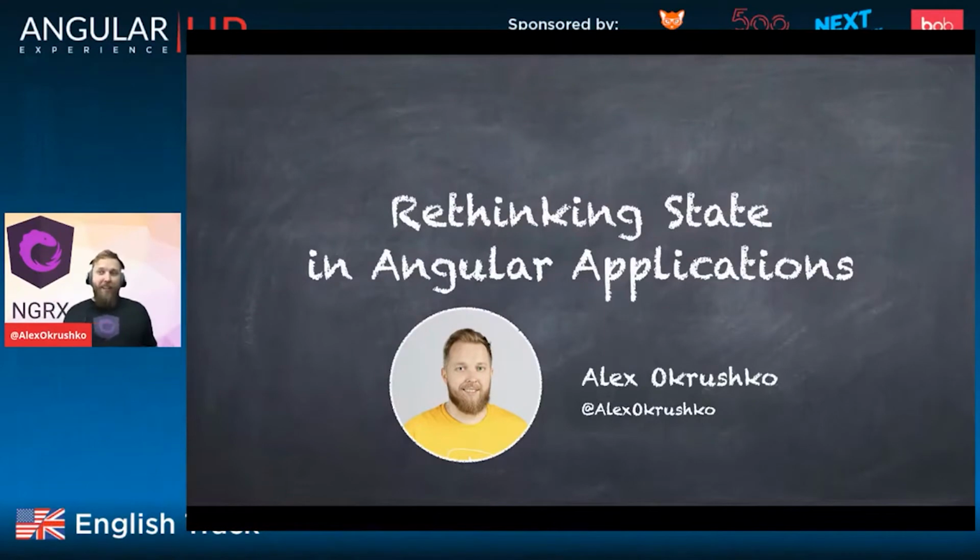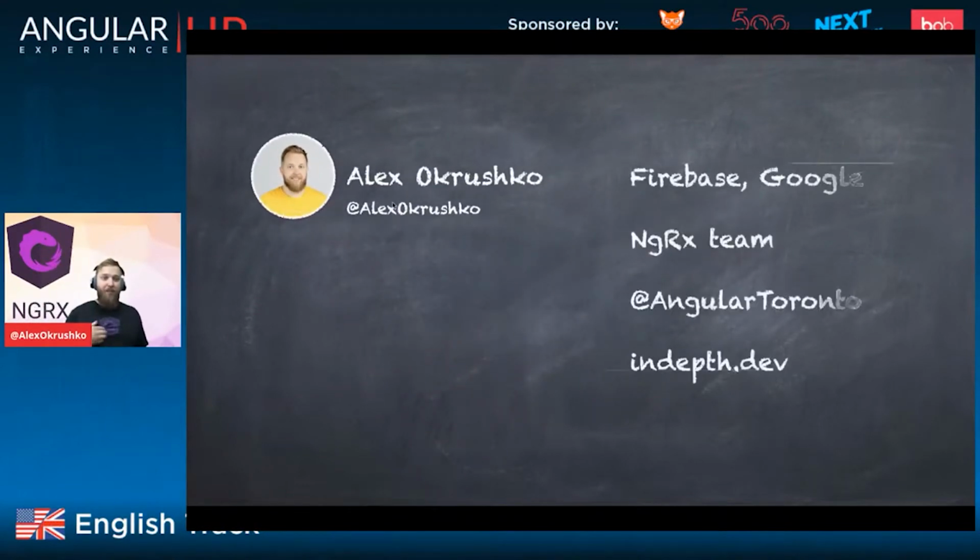So before that, let me introduce myself. I'm Alex Okrushko, the same on Twitter. This is where you can find me, by the way, at Alex Okrushko. Happy to connect, so send those requests. I'm currently working at Firebase at Google and have been for a while, but now I'm transitioning to a new team in Cisco. So I'm going to be in the principal architect role at Cisco soon.